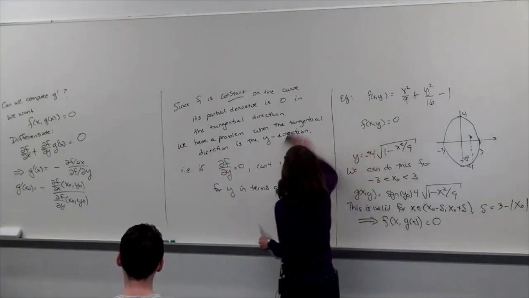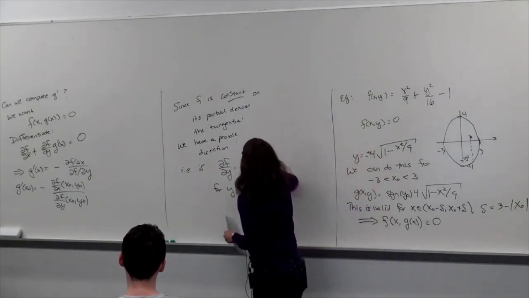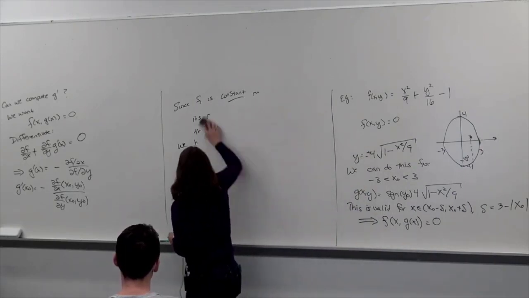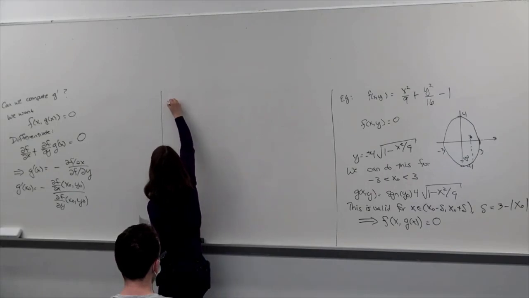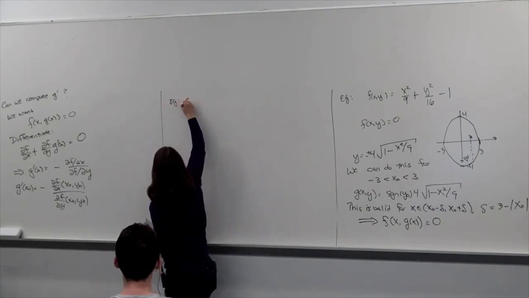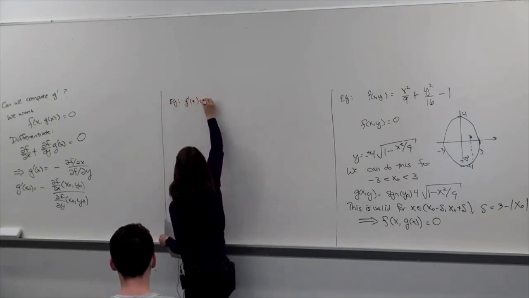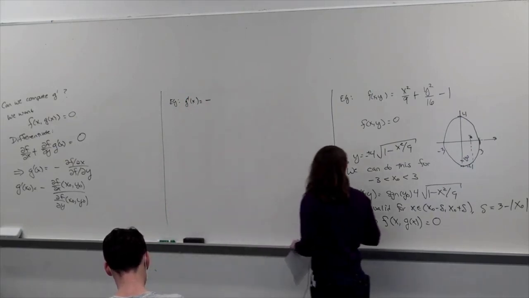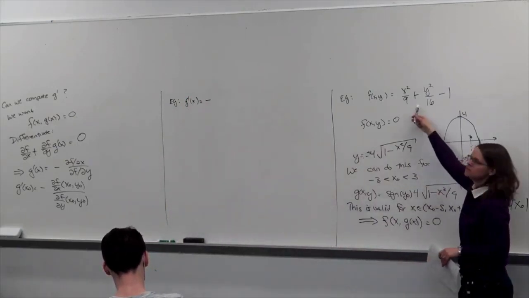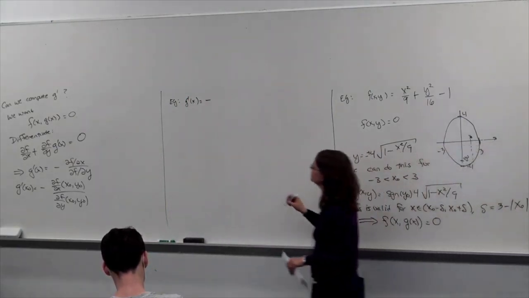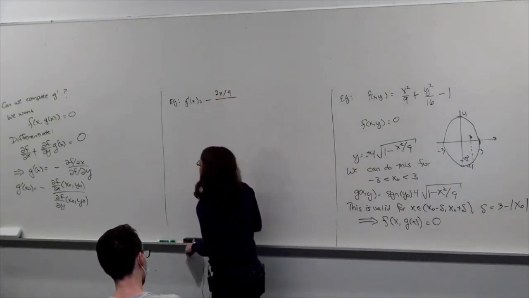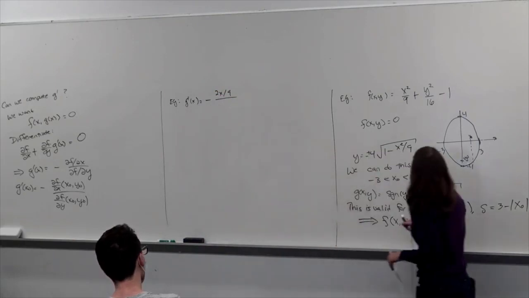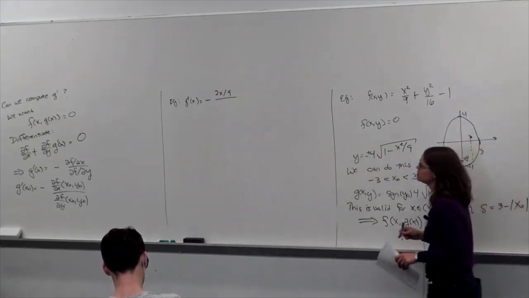Okay, we can certainly do this for our example. So in our example, this formula suggests that g prime of x is equal to minus df by dx, which is 2x over 9, divided by df by dy, which is y over 8.